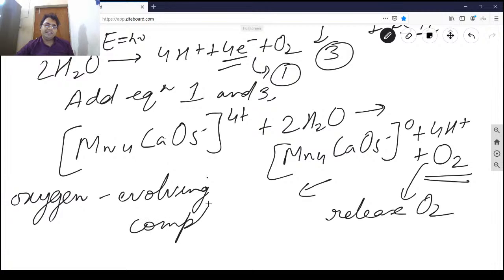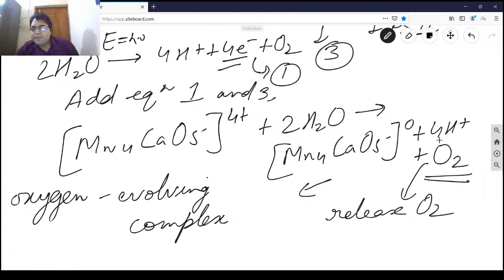So now you can explain to anyone the concept behind oxygen evolution from plants. We all say that plants give out oxygen. How? This is how. Plants need water. Why? This is why. This is how they liberate oxygen.